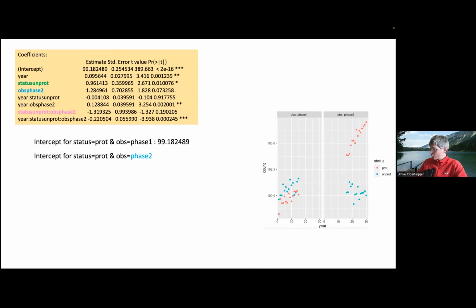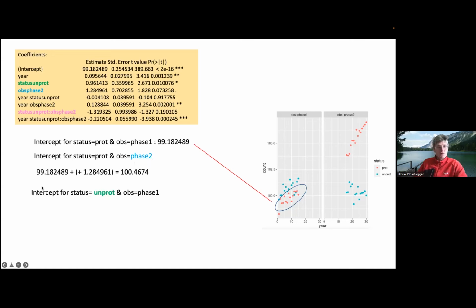So what we have to do, we take the intercept of the baseline and we add this difference, and it's always adding, okay? So this 100 is now our intercept for the model for status protected, observation phase 2.